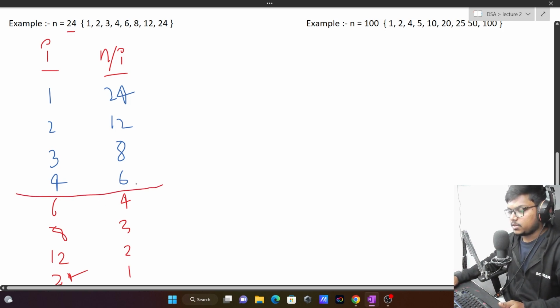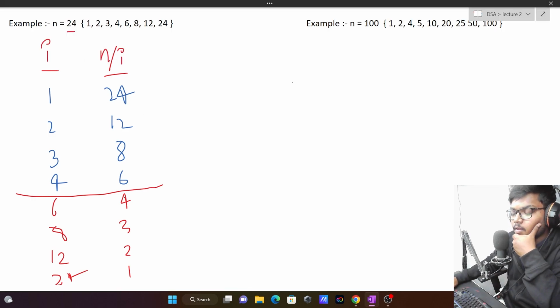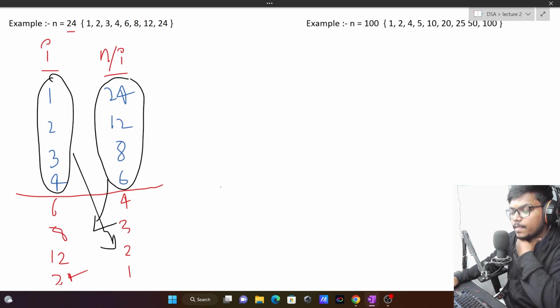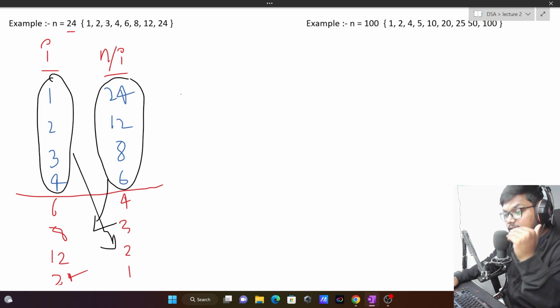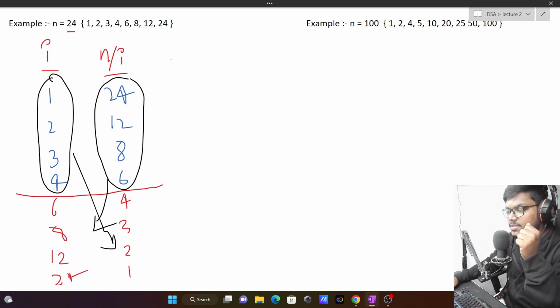Can you observe something here? Basically, we are repeating this whole thing here, right? And we are repeating this whole thing here, right? So from this logic, we can reduce the time complexity.